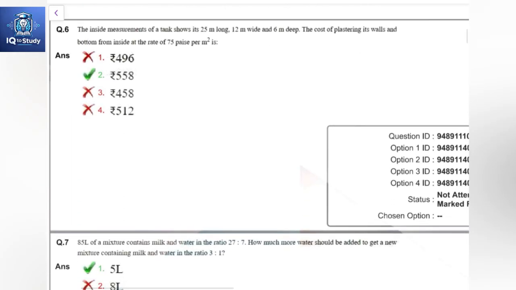The inside measurements of a tank show it's 25 meters long, 12 meters wide and 6 meters deep. The cost of plastering its walls and bottom from inside at the rate of 75 paise per meter square is? Given length is 25 meters, width is 12 meters and depth is 6 meters.